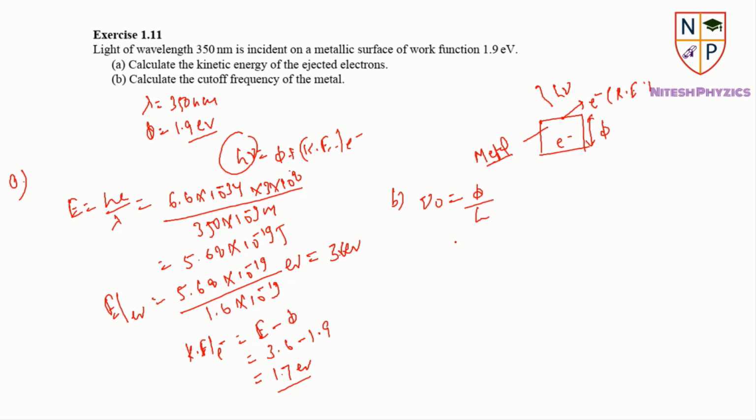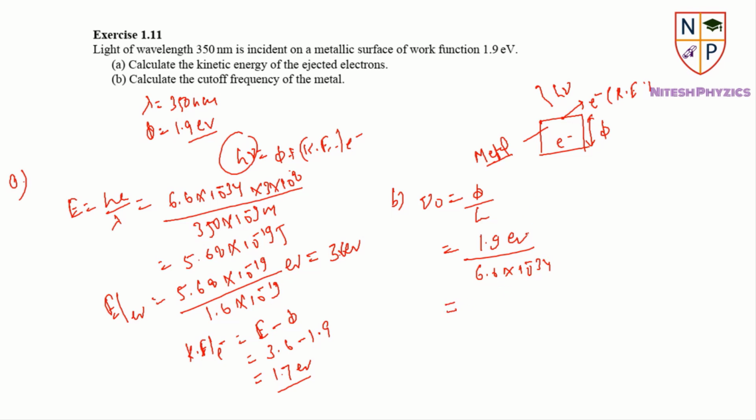So the value of phi is 1.9 electron volt, and the value of h is 6.6 into 10 to the minus 34 joule second. Now we can calculate this.